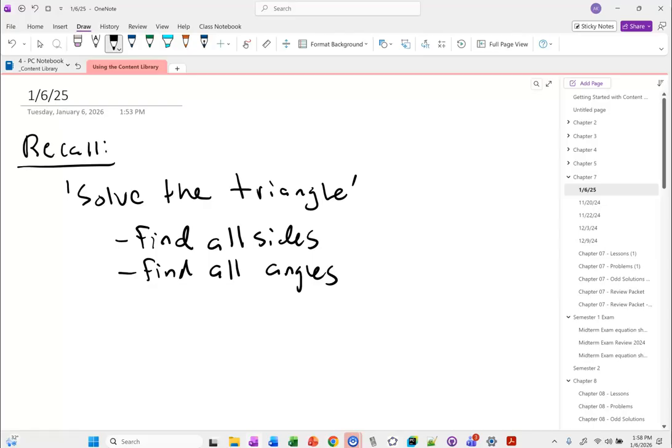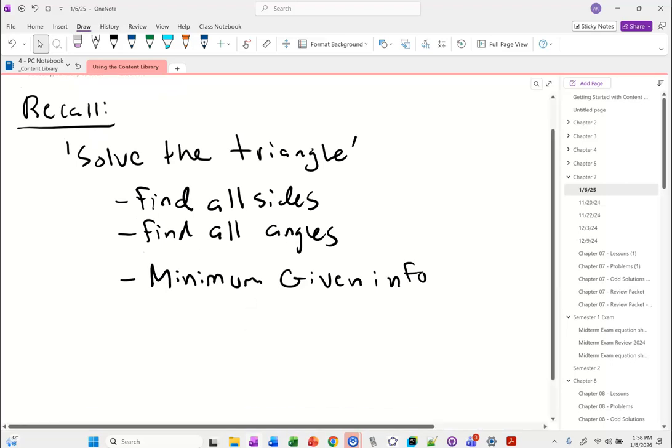How much information are you going to be given to do that? What's the minimum amount of information you're going to need to be able to do this?